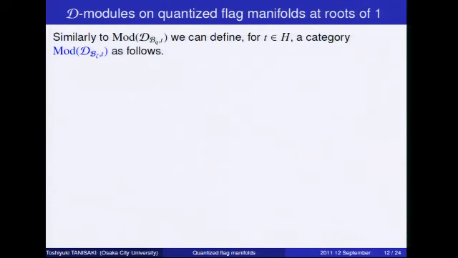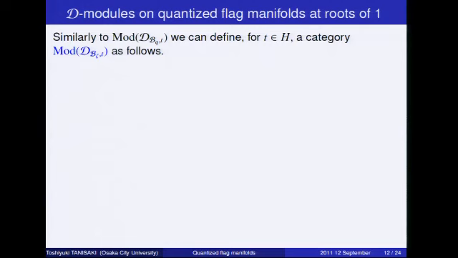This category, I define this category with Q as transcendental. But in the root of unity case, we can also define similarly this category, D modules on the quantized flag manifold at roots of 1. And the twisting parameter T is in H, H of C, in this case.